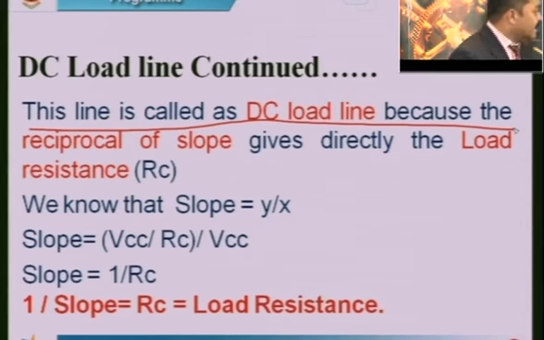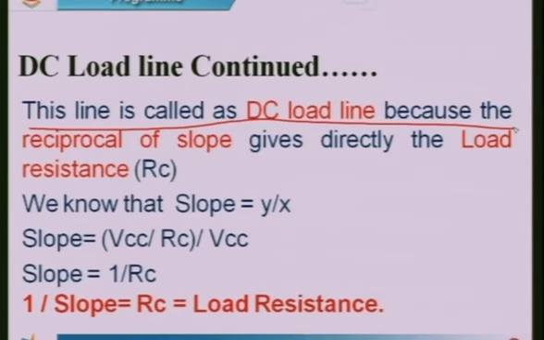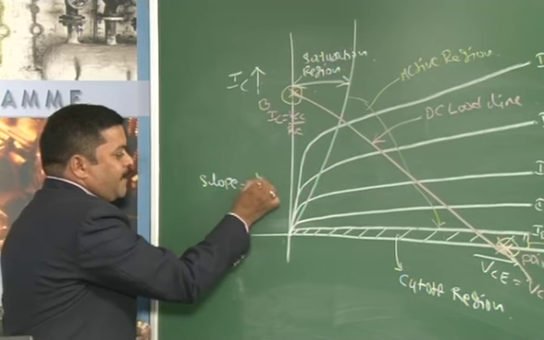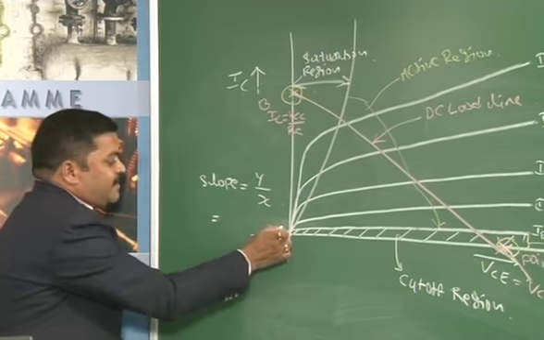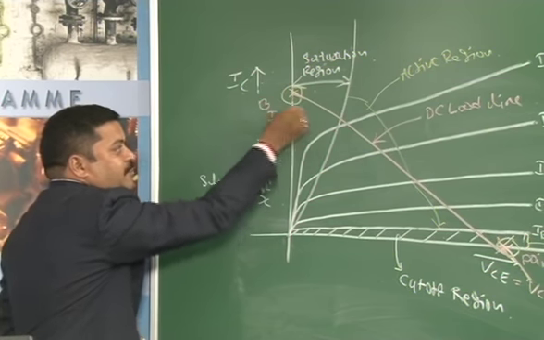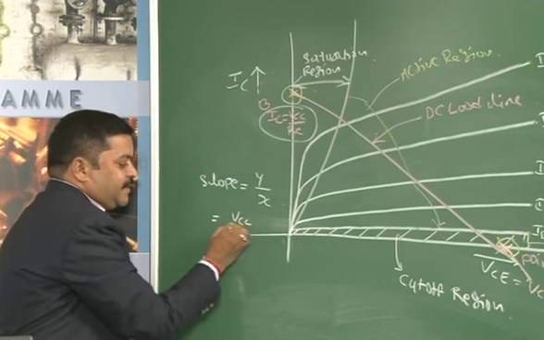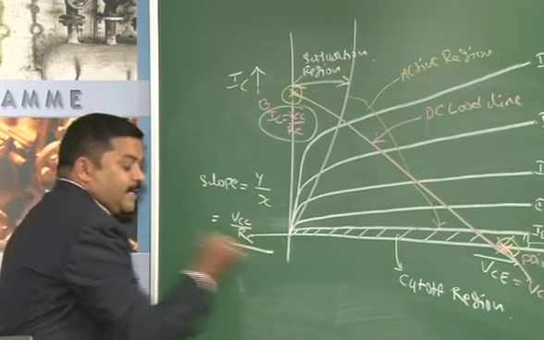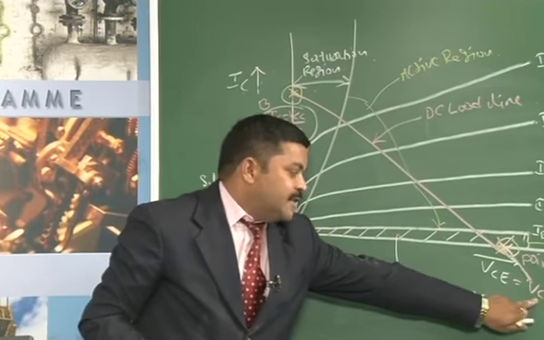How do we do that? What is the slope actually? Slope is given by y by x. Here y is from 0 to this point. At this point IC is given by VCC by RC. So y here is VCC by RC divided by x, and x is VCC.